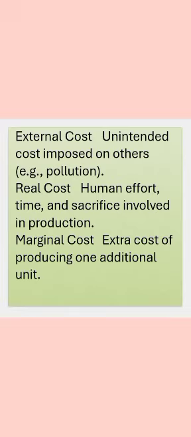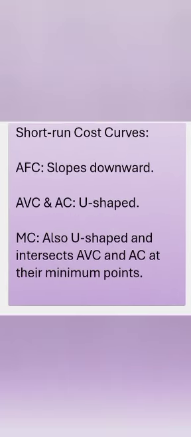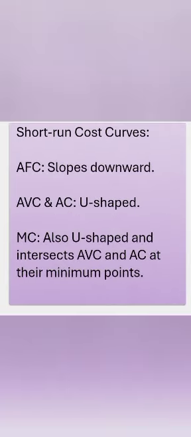Let's briefly explain the cost curves. In graphical form, cost concepts are represented by curves. The short run curve, AFC, slopes downward. The AVC and the AC are U-shaped. The marginal cost also is U-shaped and intersects the AVC and AC at their minimum point.